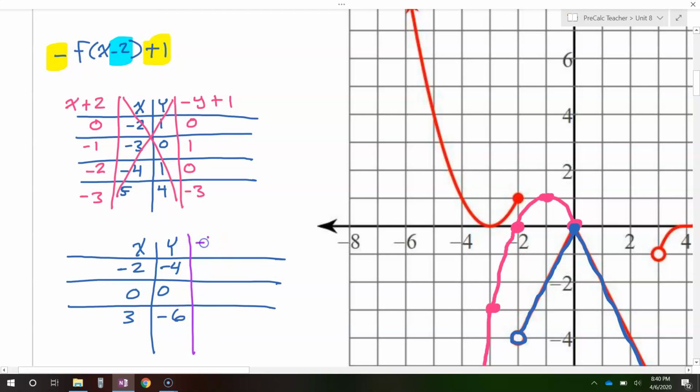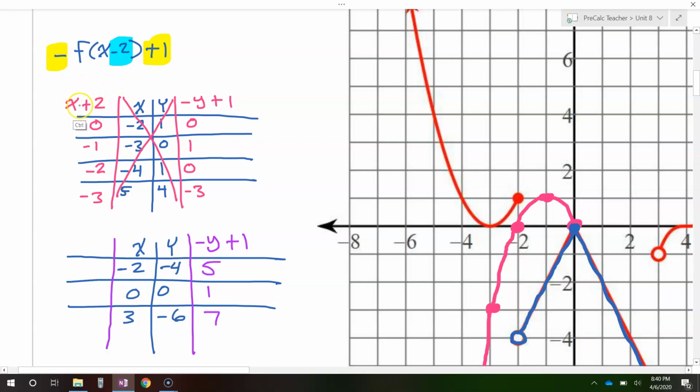So once again, we're just doing opposite of y plus 1. Opposite of 4 is positive 4, plus 1 is 5. Opposite of 0 is 0, plus 1 is 1. Opposite of -6 is positive 6, plus 1 is 7.